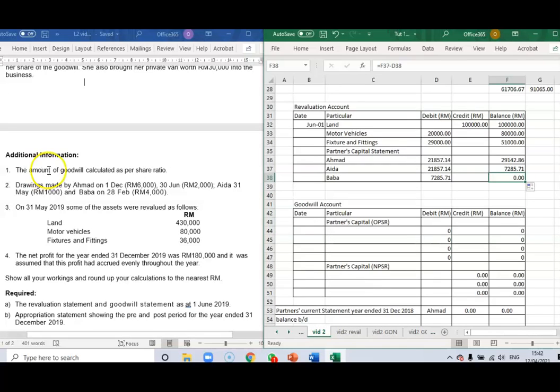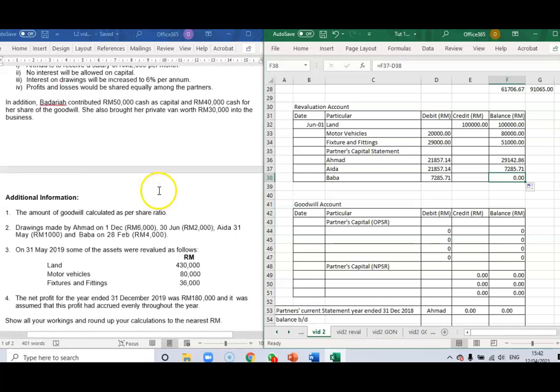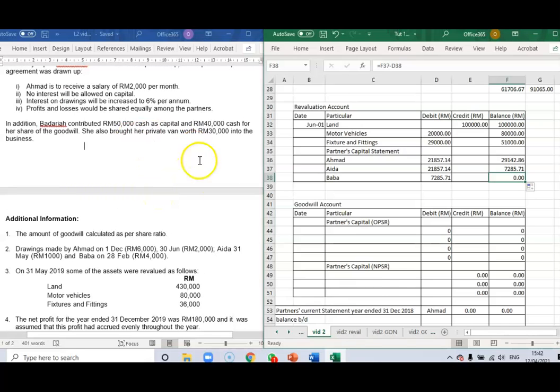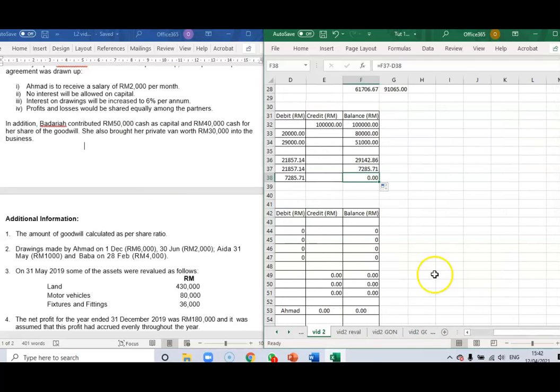Okay, goodwill account, it says that the amount of goodwill will be calculated as per share ratio. Per share ratio means that you will look into the premium. So the formula, okay, the premium paid by the new partner is, okay, put here 40,000, right? 40,000.